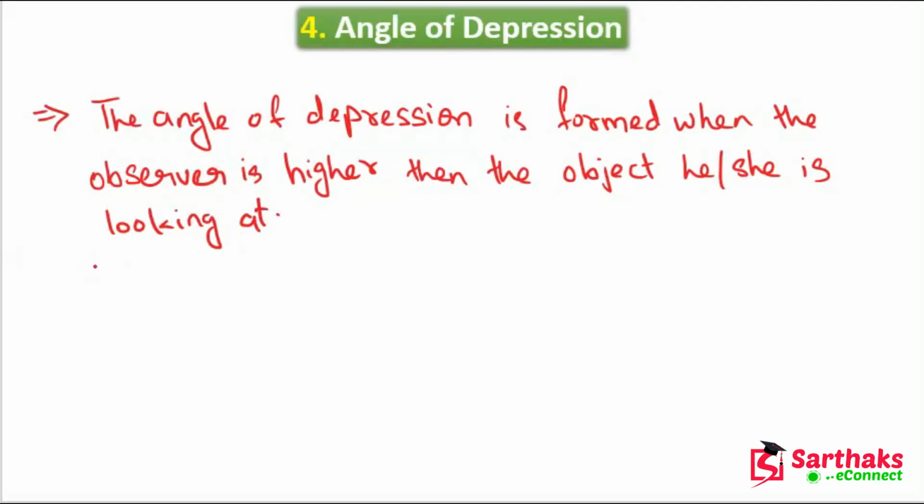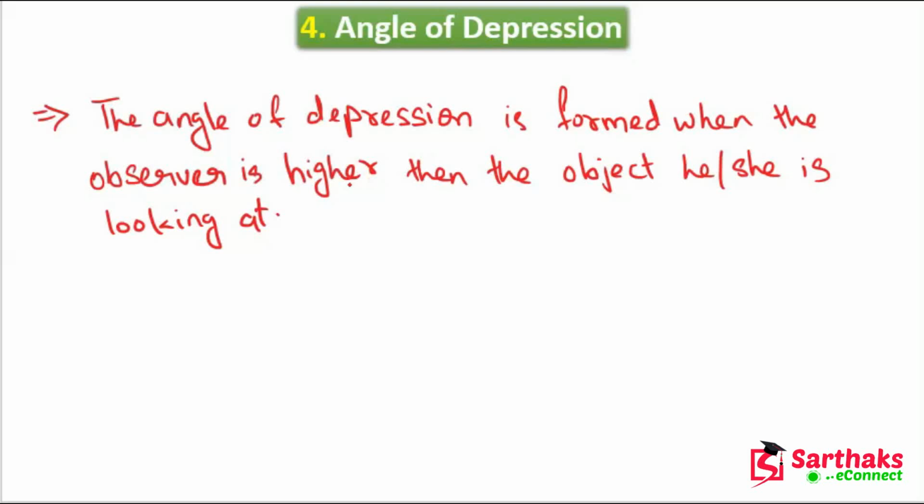In the angle of elevation, the object is higher than the observer. Now in this case, the observer is higher than the object. I hope you get this point.